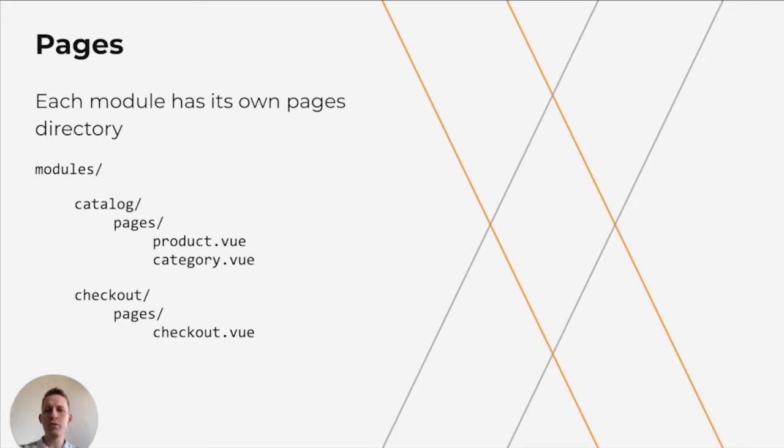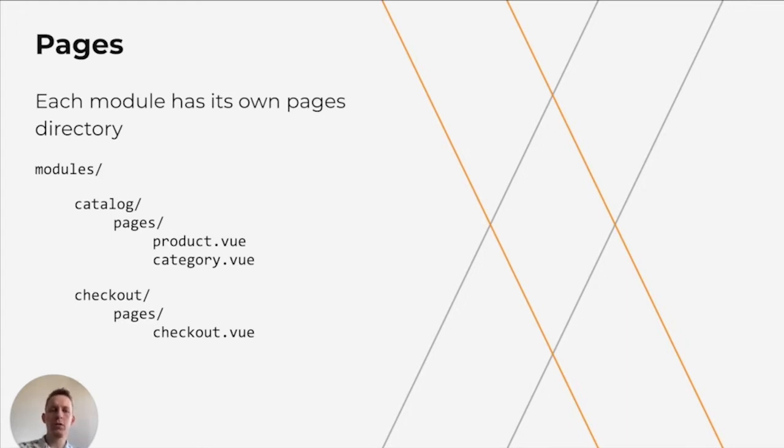If you ever used a framework like Nuxt or Next, you might be familiar with these pages directories, and the only difference here is that we don't have one pages directory for the whole application, but one pages directory for each module.